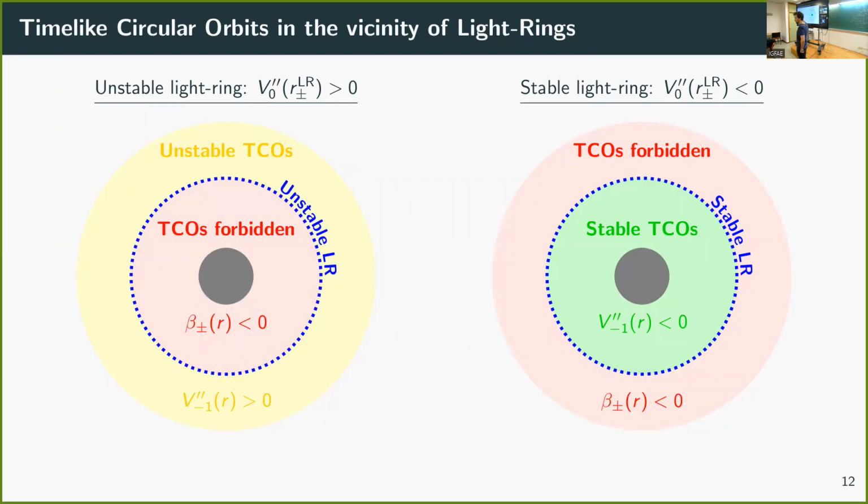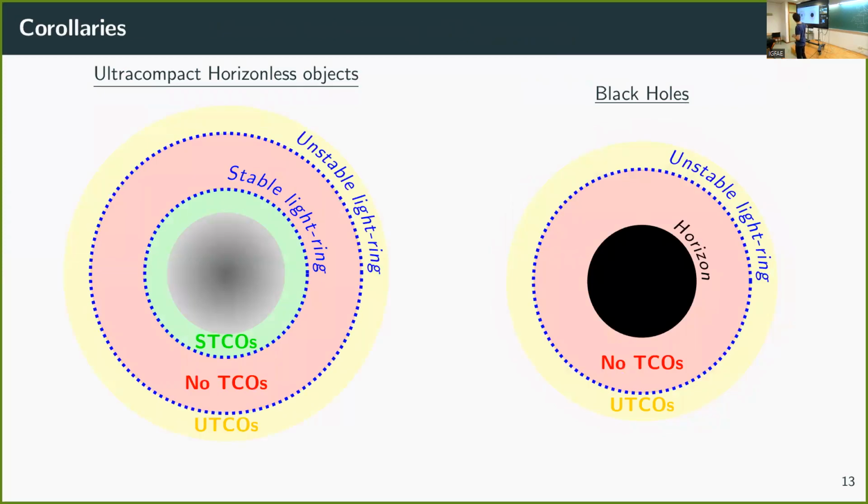No, here is just to say that if you have an unstable light ring, then this happens: the outer region is unstable for time-like circular orbits, and in the inner one, you don't find anything. For the stable, it is basically the opposite. What I'm saying in this part is that imagine you have a compact object with these two light rings, only these two, one stable, one unstable.